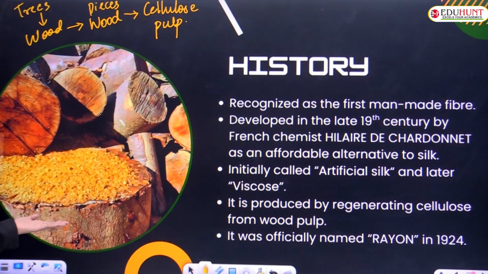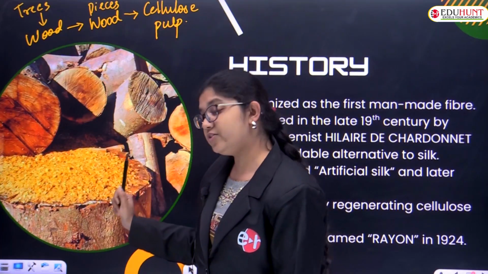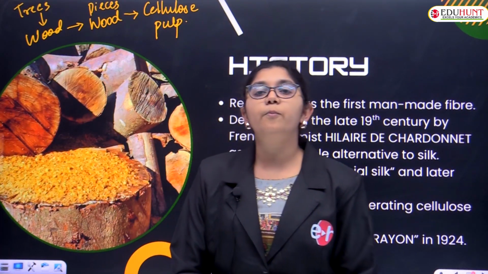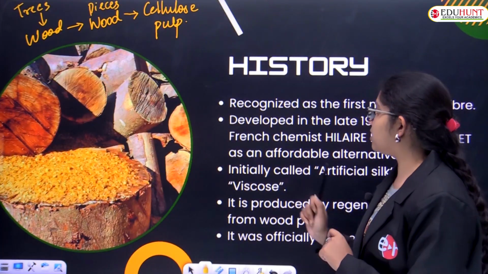See the chopped wood over here. The wood is taken and chopped finely. Then they process it to obtain cellulose pulp, which is very whitish. We'll see that also.